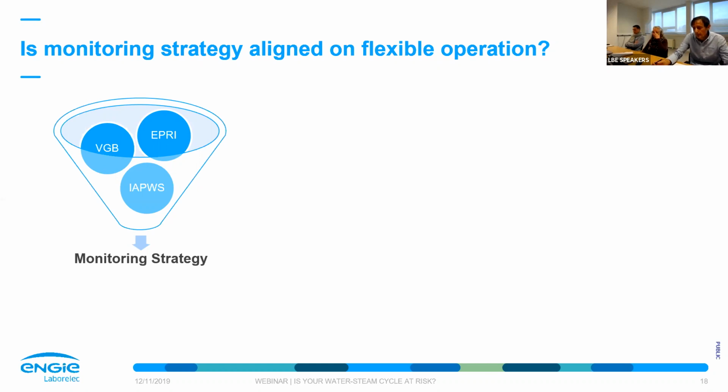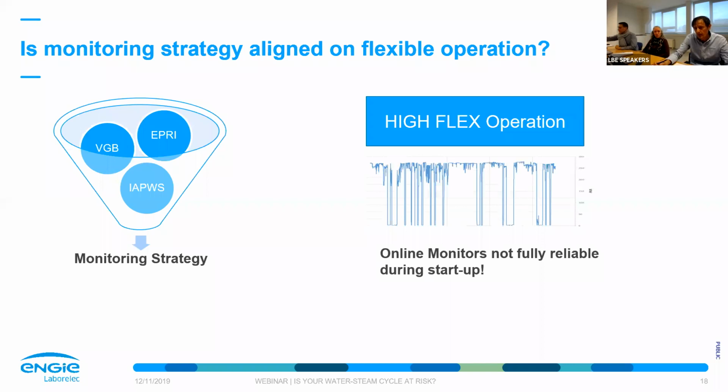But the problem is that those monitoring guidelines do not care about the quality of your measurements. If you run in a highly flexible operation, your online monitors will not be fully reliable in a startup phase or in shutdown periods.